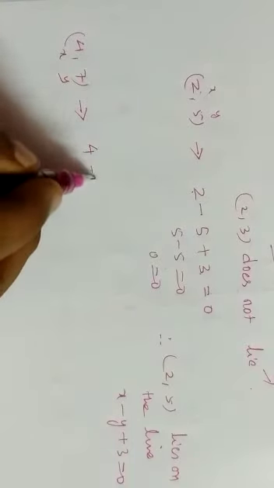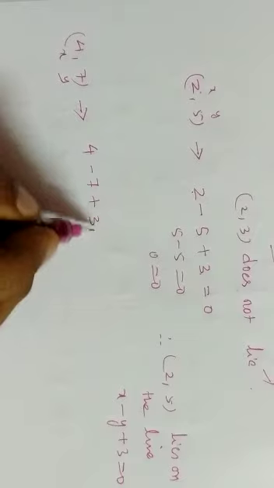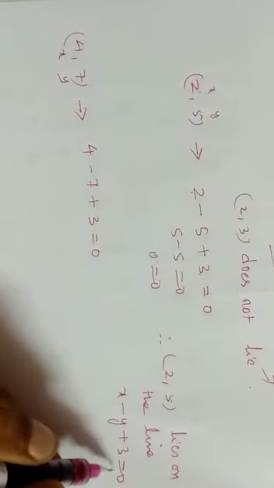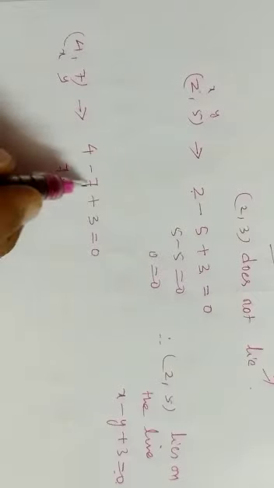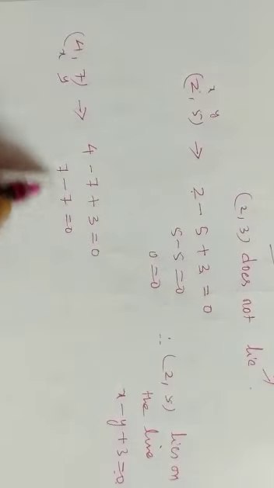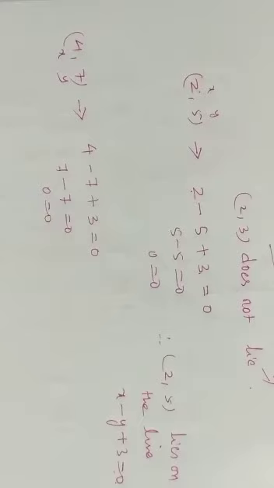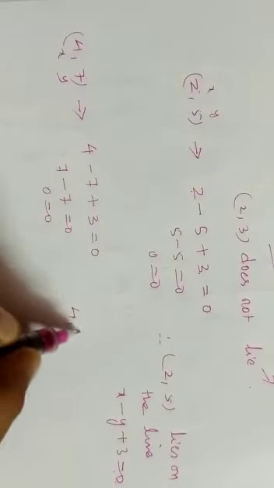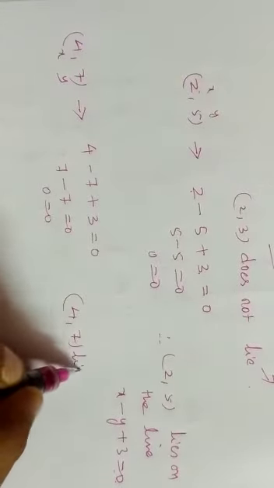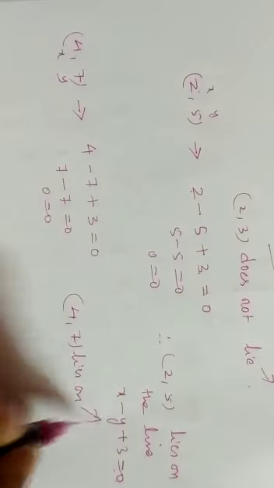So 4 minus 7 plus 3 equal to 0. 4 plus 3 is 7, 7 minus 7 is 0. So 0 equal to 0. Which means (4, 7) lies on this line.